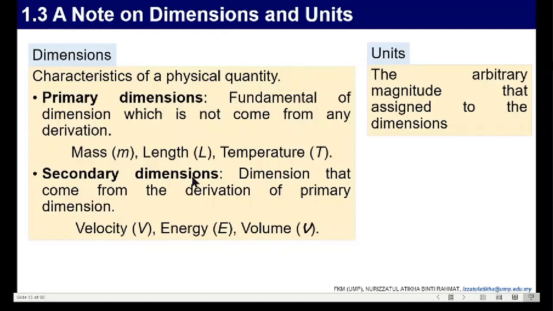A secondary dimension is a dimension that comes from the derivation of primary dimensions. For example, velocity equals meter per second. So we get the velocity dimension from derivation of primary dimensions, which are meter and second. Other examples are energy and volume. Units are the arbitrary magnitudes that are assigned to the dimensions.